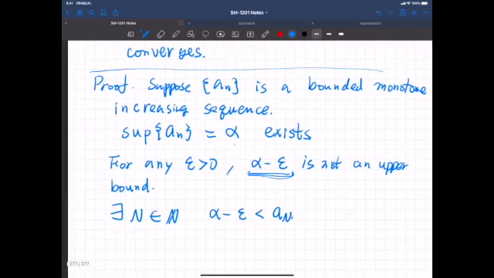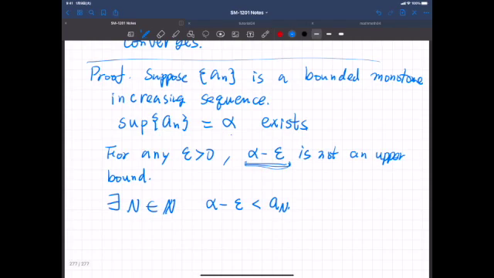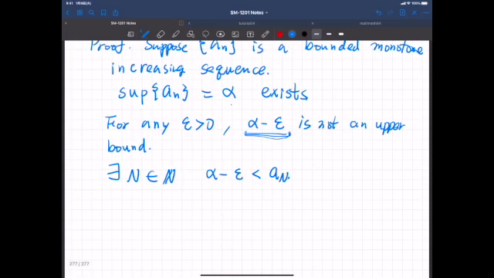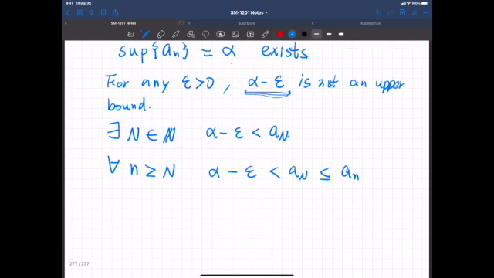And also here we are assuming that the sequence is monotone increasing. So this means for all natural numbers n greater than or equal to this capital N, we have alpha minus epsilon less than a_N, which is less than or equal to a_n. Okay, so that's one thing. But alpha is a supremum.